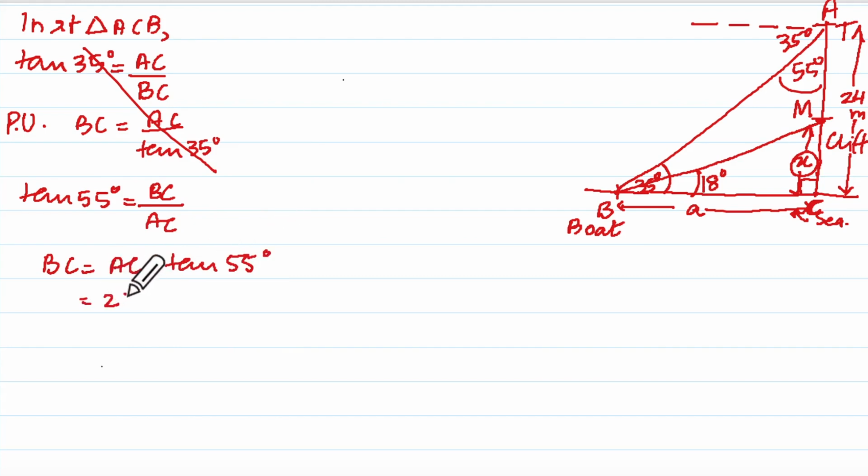It is going to be 24 multiplied by 1 point something. You know how to get this answer? They are saying to the nearest meter. I'm sure you can do this on your own. Yes or no? Yes. 1.428. If you multiply, it will give you the answer. Can you just multiply with calci just now? We don't have time.